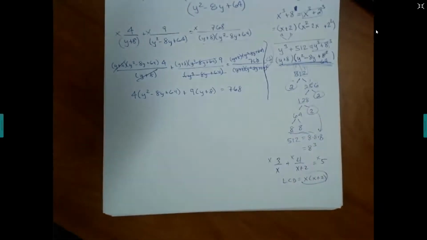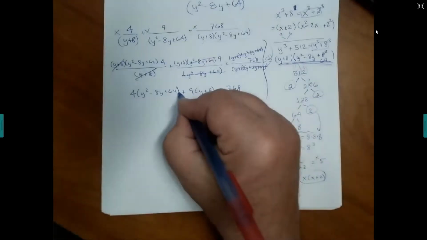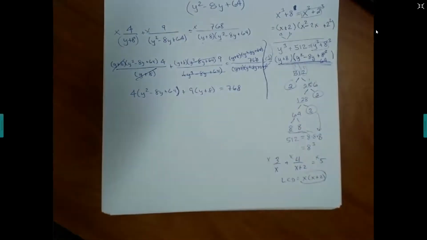There. After everything's said and done, this is what we have left. Multiply each term by the LCD, reduce, multiply, and then solve.